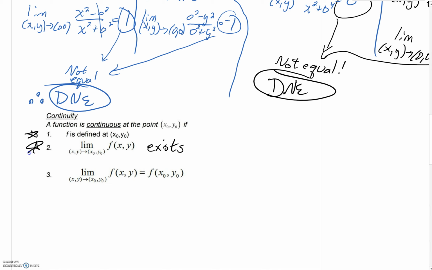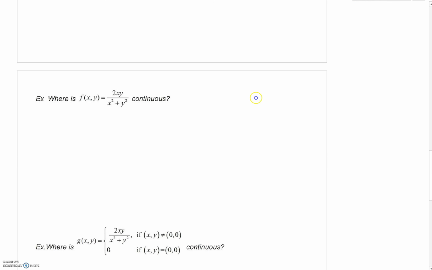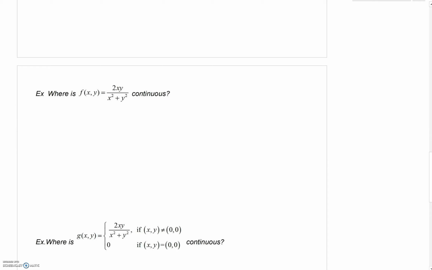And then third of all, very importantly, your limit and your defined function value must be one and the same. So the question is, where would this function be continuous?